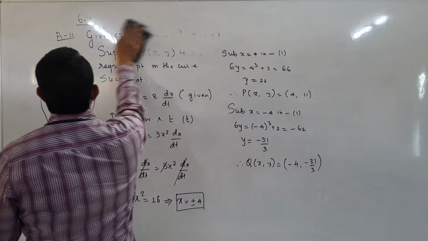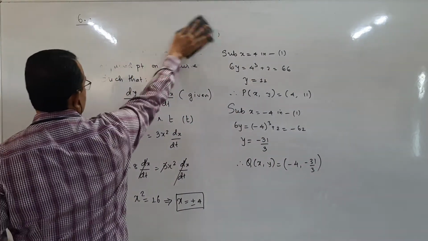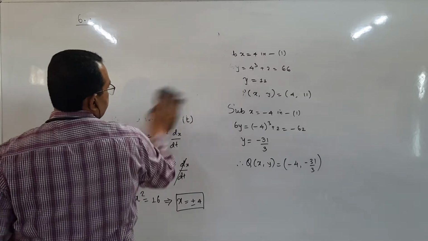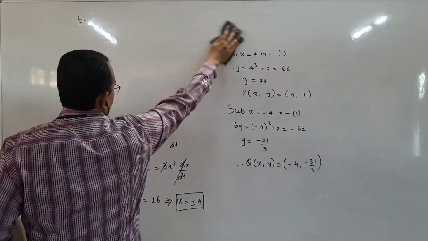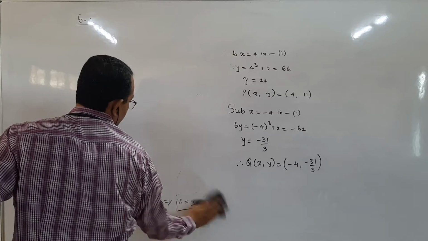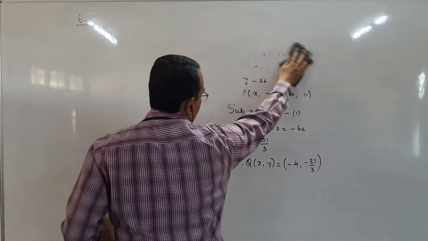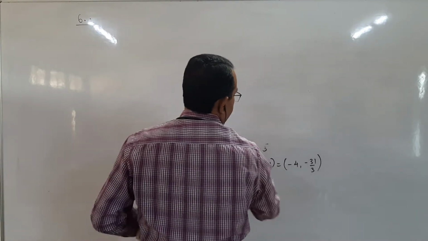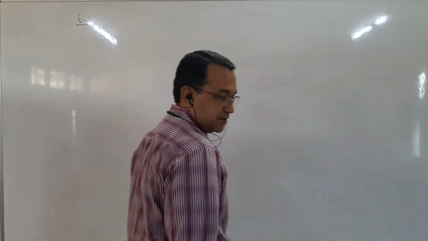Okay students, now we will do sum number 12. The question is: the radius of an air bubble.